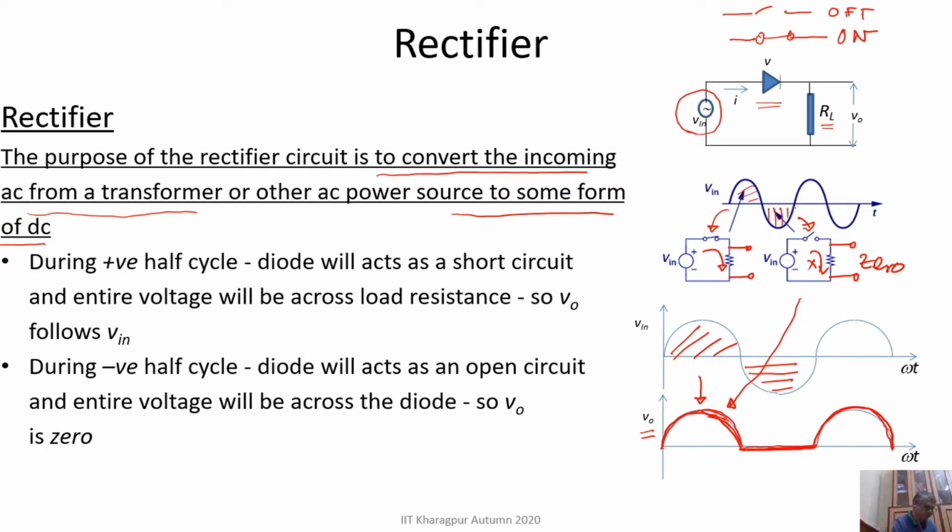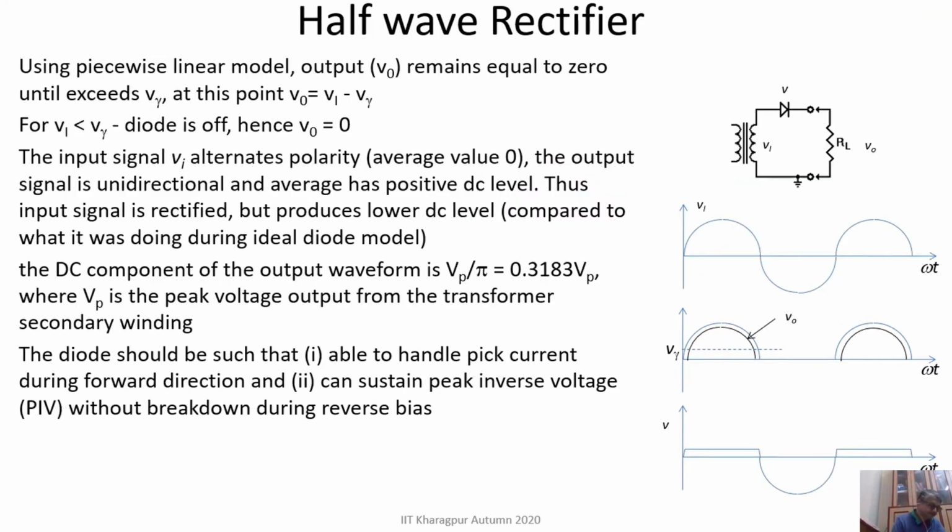Now what if the diode is not an ideal diode, and we replace the diode with a VD on? In that case there will be a voltage drop across the diode in the form of VD on. One case is when the diode is off.